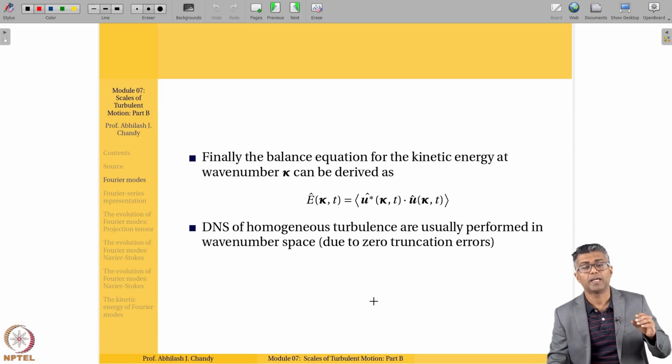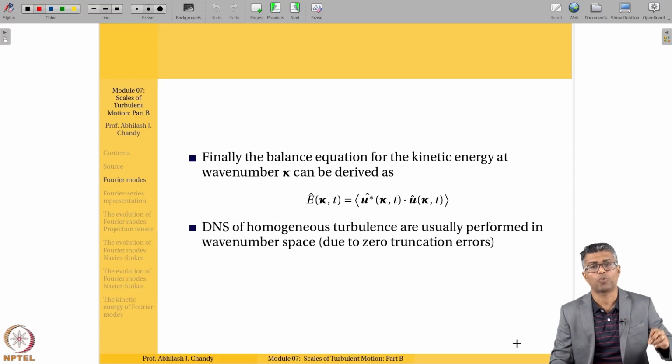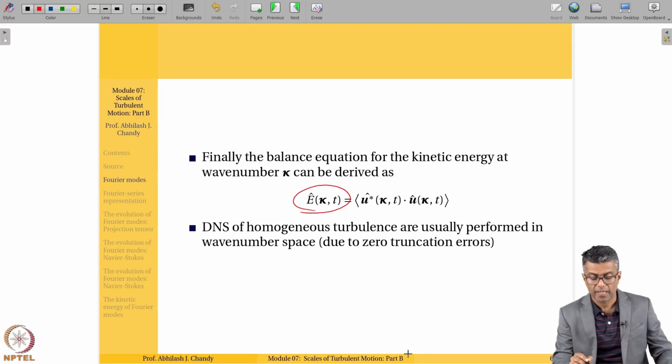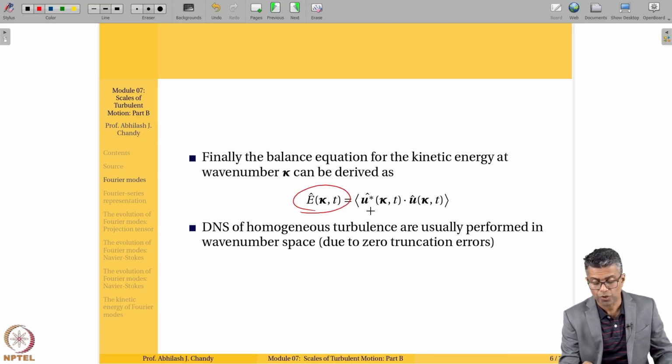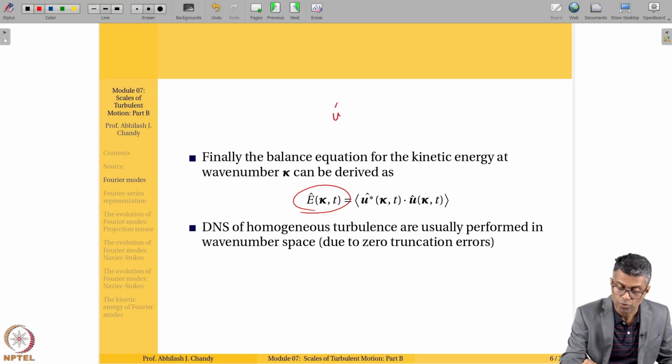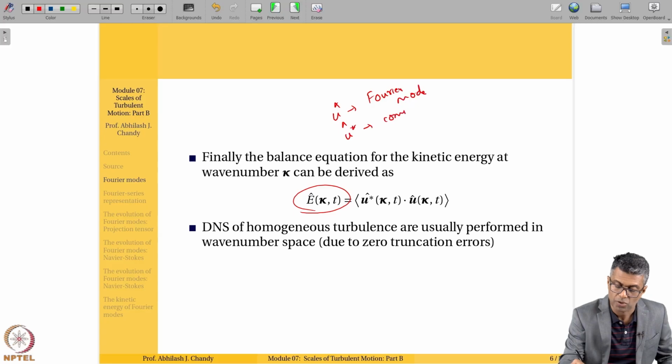Okay. Now, using this definition, we can get the balance equation for the kinetic energy, and we can derive it as E hat of kappa comma t is the average of u hat star of kappa comma t times u hat of kappa comma t. So remember, u hat is the Fourier mode, and u hat star is the complex conjugate.